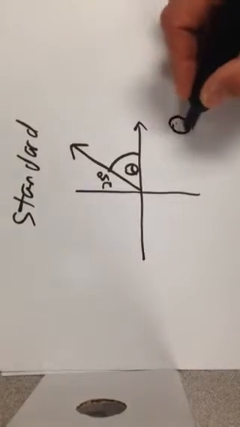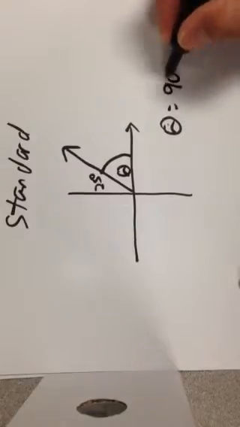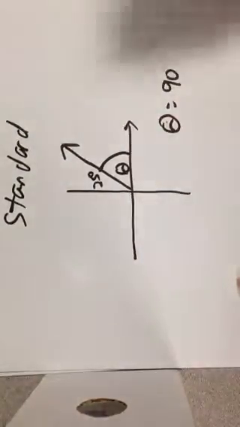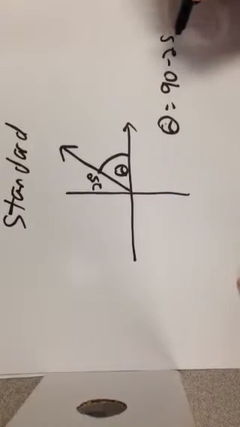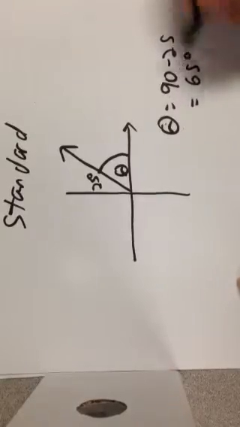So we call that theta, and I'm going to say that theta is 90 degrees, because it would be a full 90 degrees if we went all the way up here, minus 25, which makes that 65 degrees.